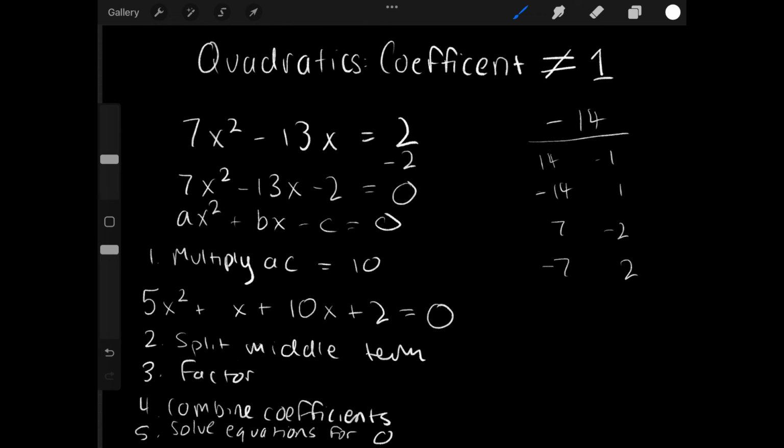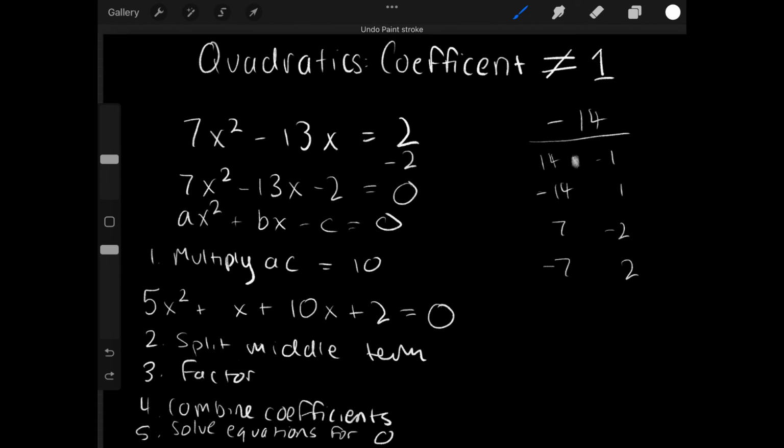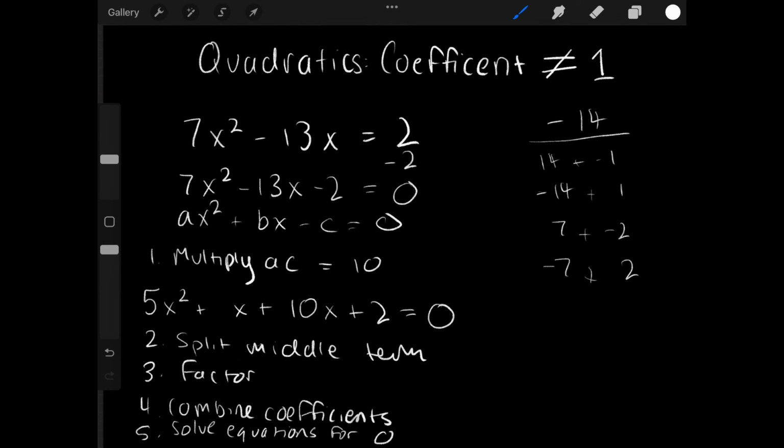So these are our factors. And now when we add all of them, remember from our integer operations video, when we add a negative, it's just the same as subtraction. So it's going to be 13, this is going to be -13, 5, and -5. So the -13 matches up with our b.